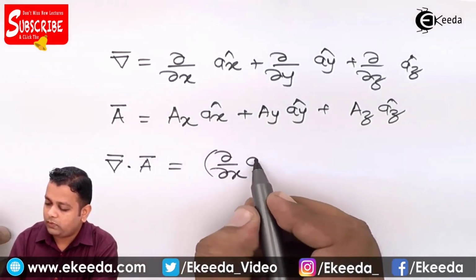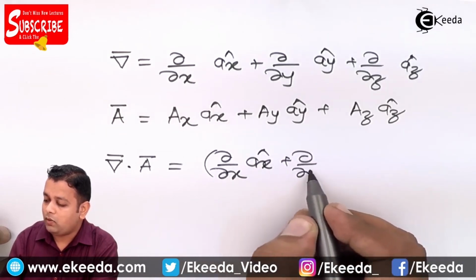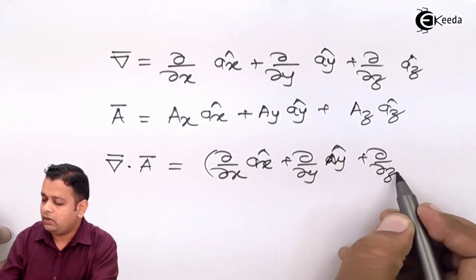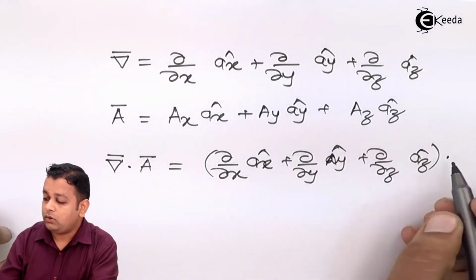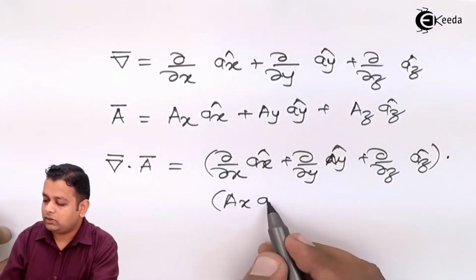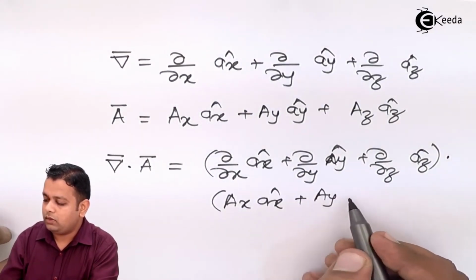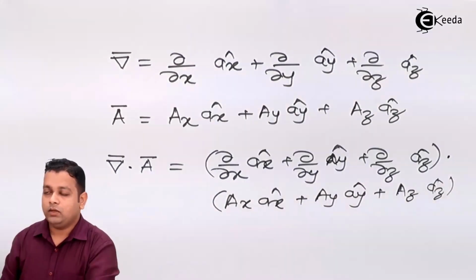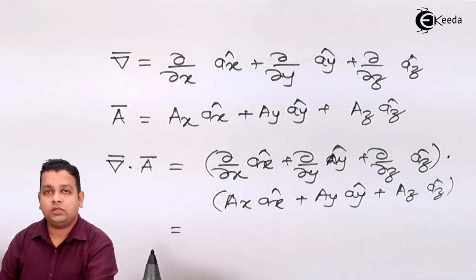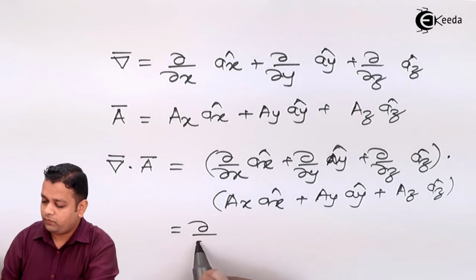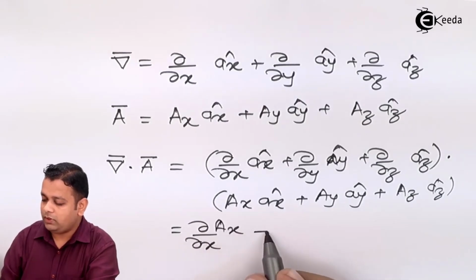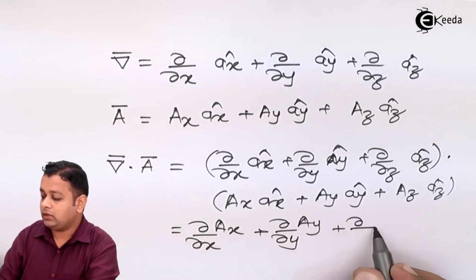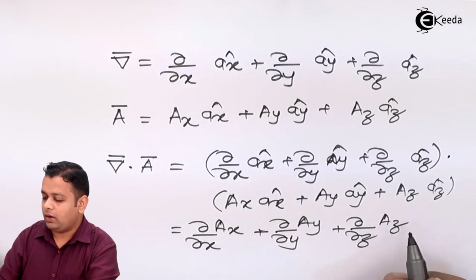Del/del x ax cap, del/del y ay cap, del/del z az cap, dot product with Ax ax cap, Ay ay cap, Az az cap. The dot product between these two brackets will give us del/del x of Ax plus del/del y of Ay plus del/del z of Az.